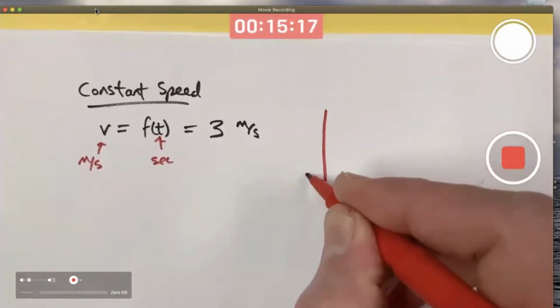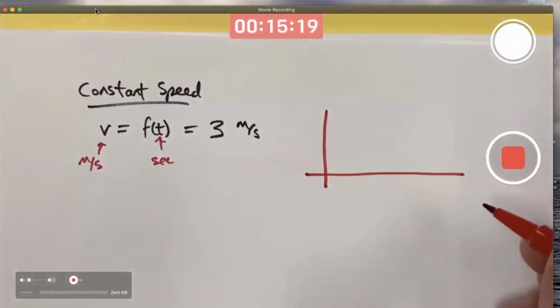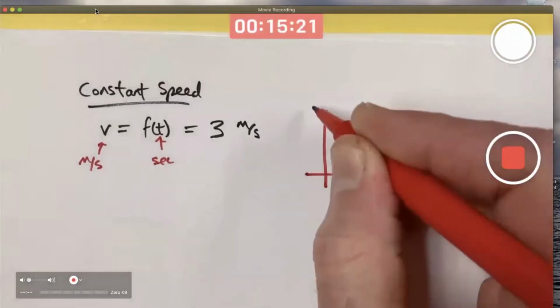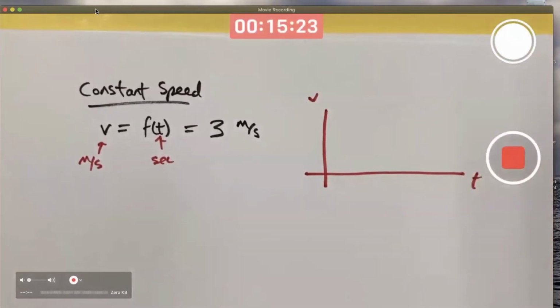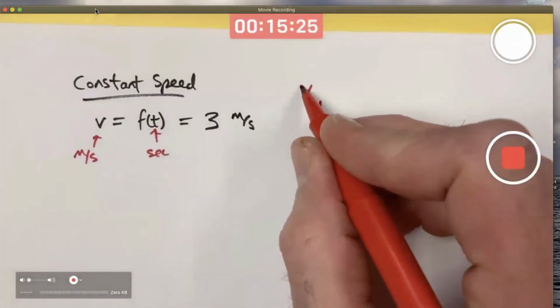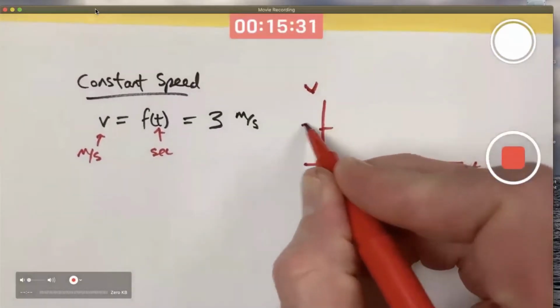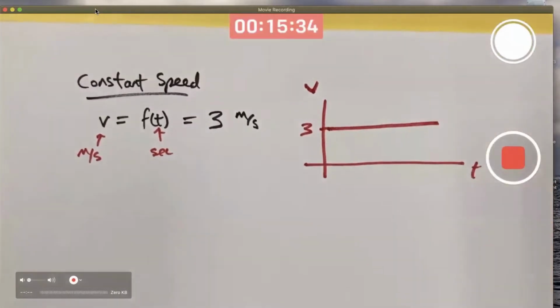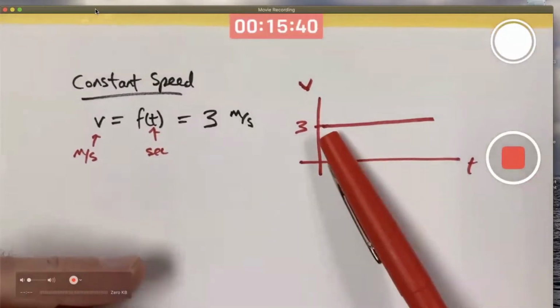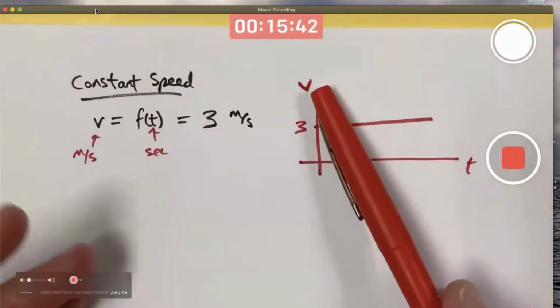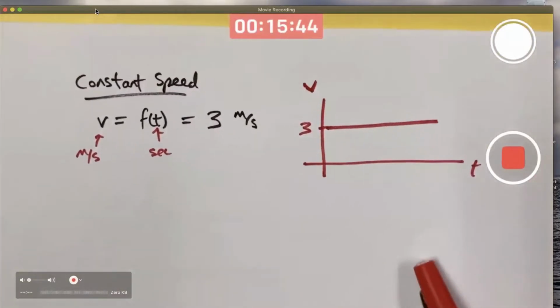Graphically, how should I draw this? Yeah, a horizontal line at 3. That's representing a constant speed. The output, the speed, the value v is always 3, no matter what t is.